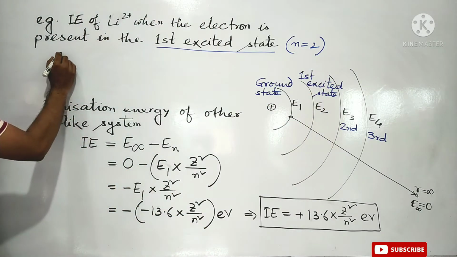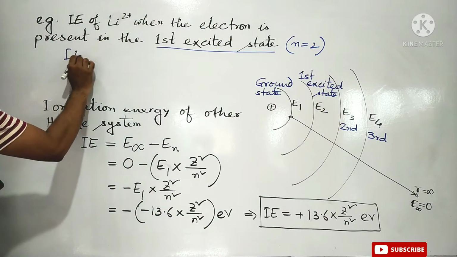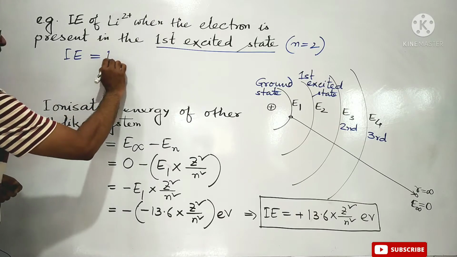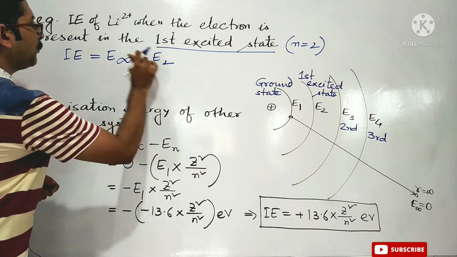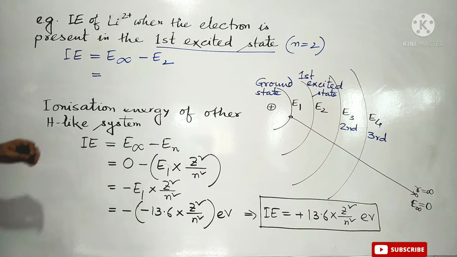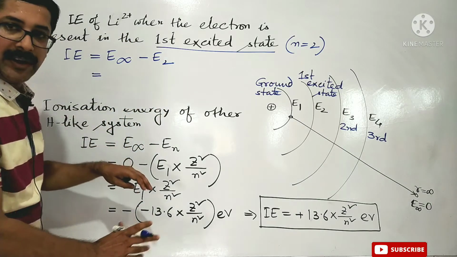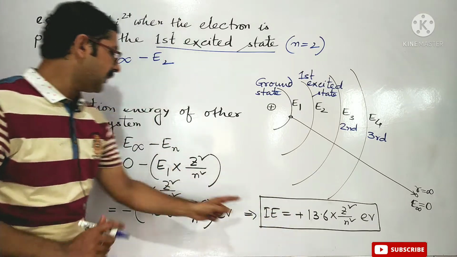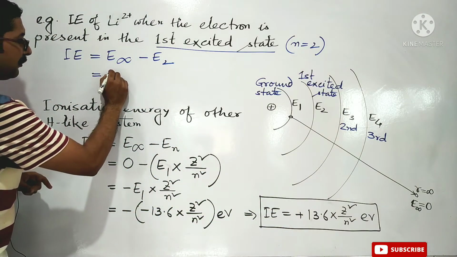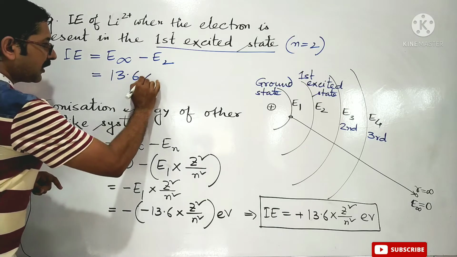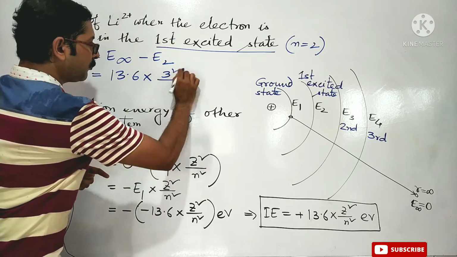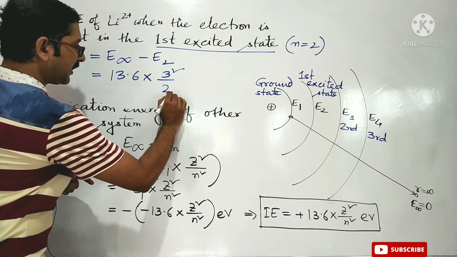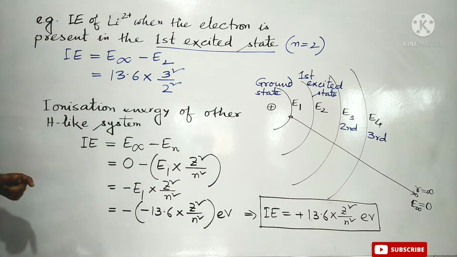So the ionization energy will be equal to the energy of infinity minus E2 for Li2 plus, right? And going in the similar manner, we can find that the ionization energy value is 13.6 into, for Li2 plus, Z is 3, so 3 squared, divided by, for the first excited state, 2 squared.